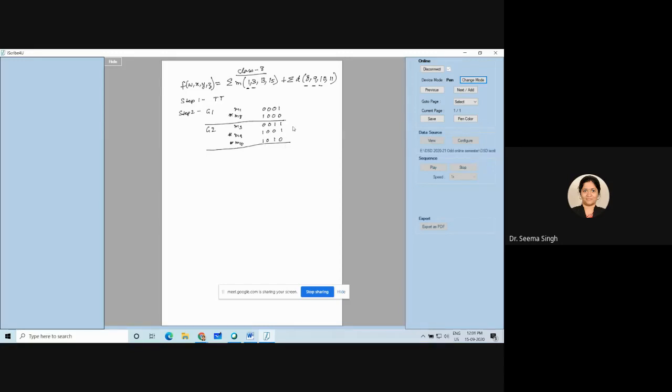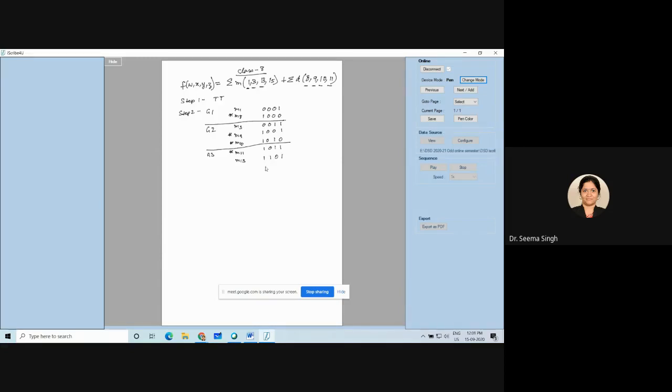Coming on to group 3. Group 3 should have 3 ones. Now group 3 has two variables, M11 and M13. M11 is a don't care, as you can see here, and M13 is your normal term. So M11 is written as 1011 and M13 is 1101.